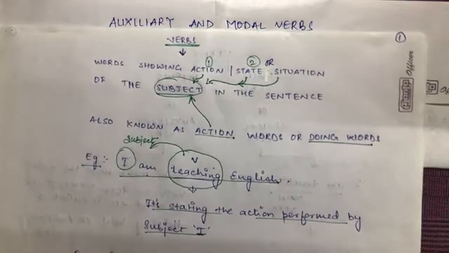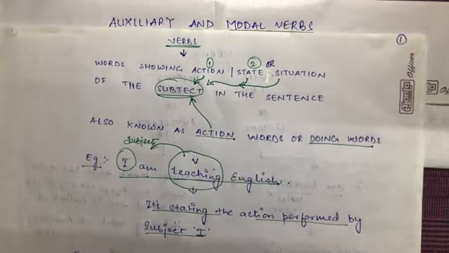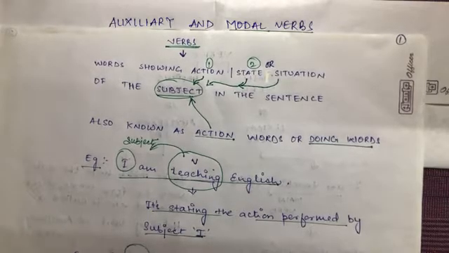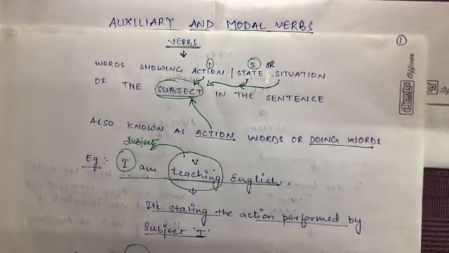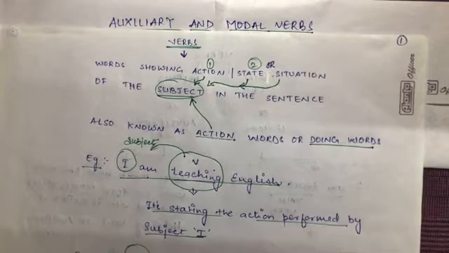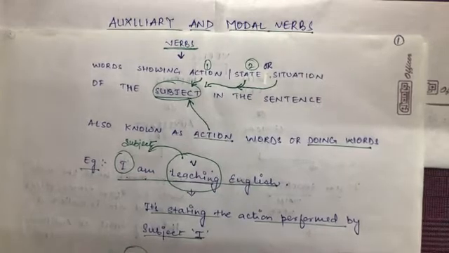Now take another example. I had an accident a few days ago. Here had is a verb. This had acts as a verb. Now this mentions the state or situation faced by the subject.